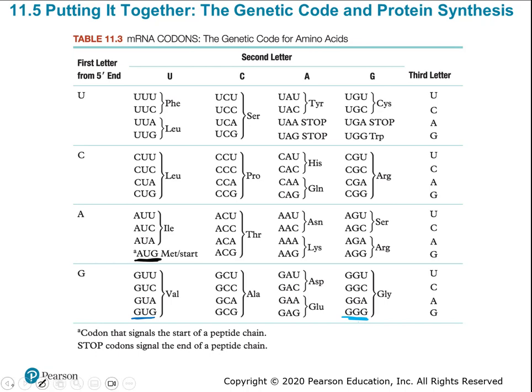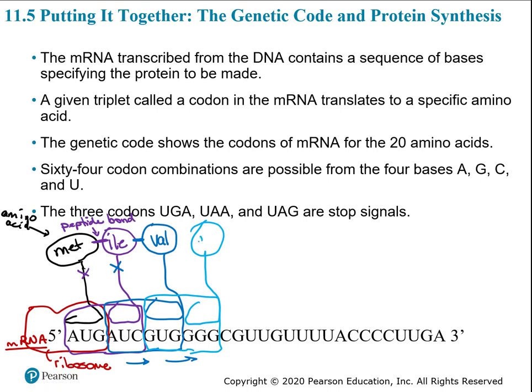The tRNA is going to be carrying GLY. Then what are we going to do? Link them together, right? Remember, you're going to link them. So the ribosome's going to match a tRNA, link the amino acids together, break the connection to the back tRNA, and the ribosome slides down. So this is just going to continue.